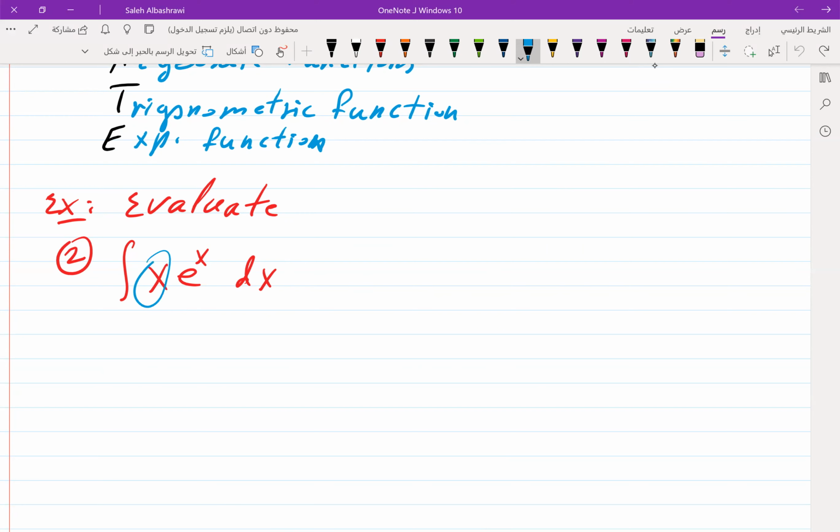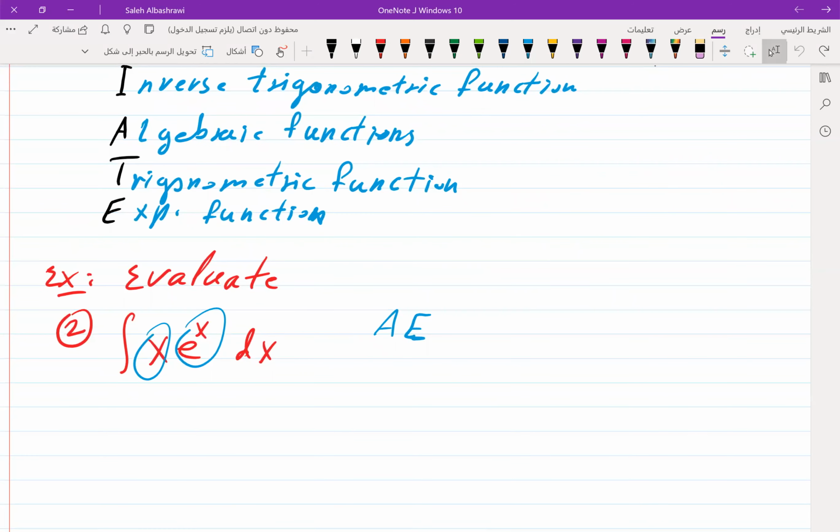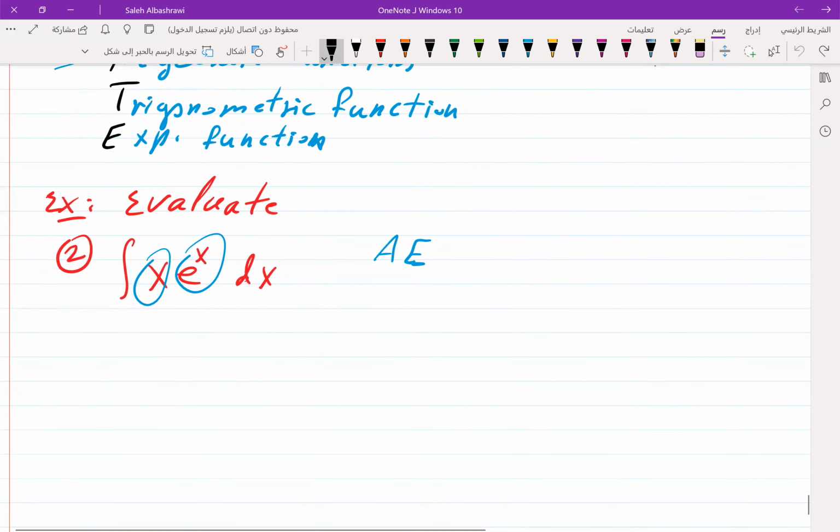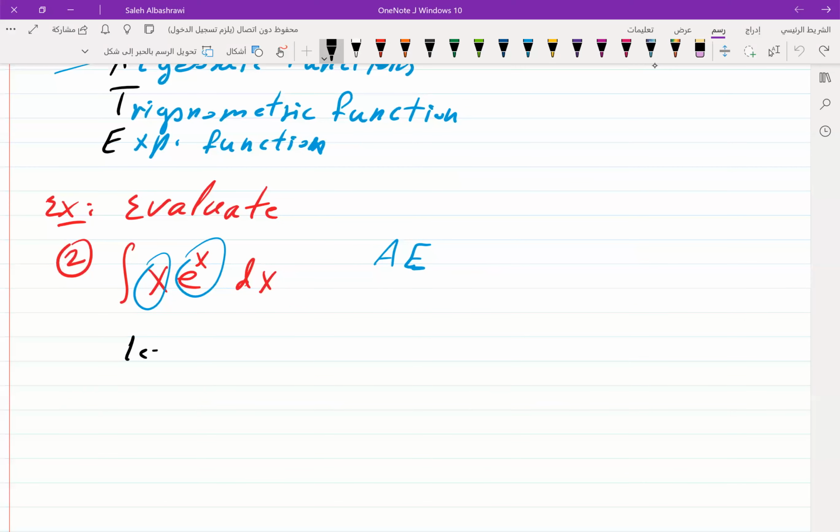The first one is algebraic, the second one is exponential, so I have A and E. Algebraic is coming first and E is coming last. So I will choose u to be x, and dv will be e to the power x dx.